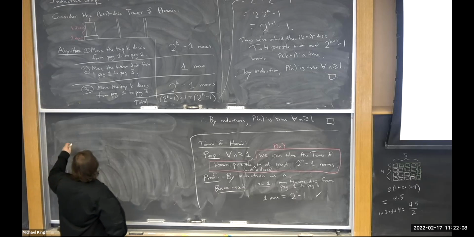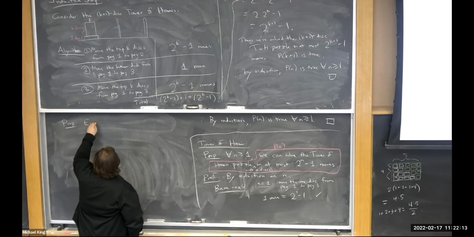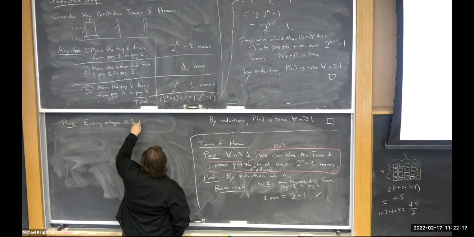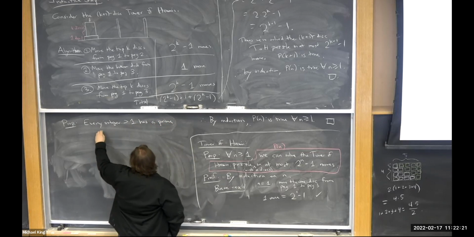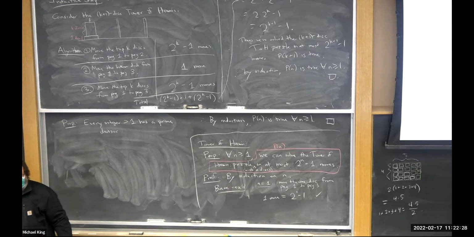So, proposition: every integer greater than 1 has a prime divisor. And for this, we need something called strong induction. I mentioned weak induction, right?